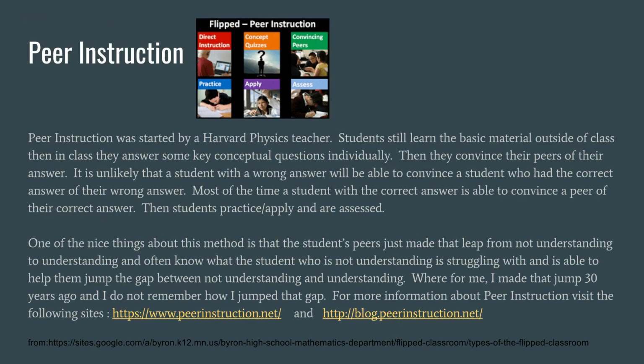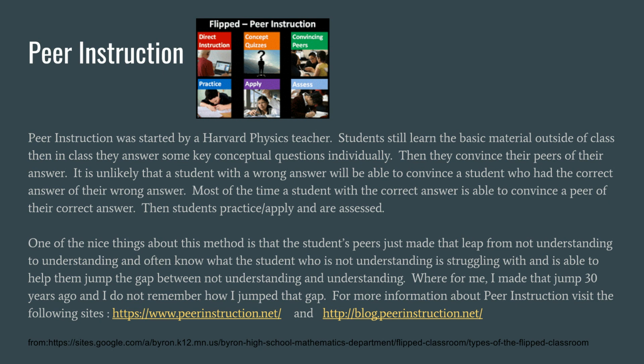The next one is peer instruction. I have to admit, I don't know much about this, but it's where, as it says here, students still learn the basic material outside of class, and they answer some key conceptual questions individually in class, and they convince their peers of it. By explaining it to someone else and convincing them of a correct answer, they're reinforcing their learning.